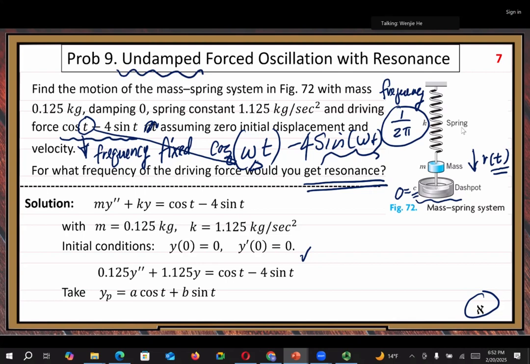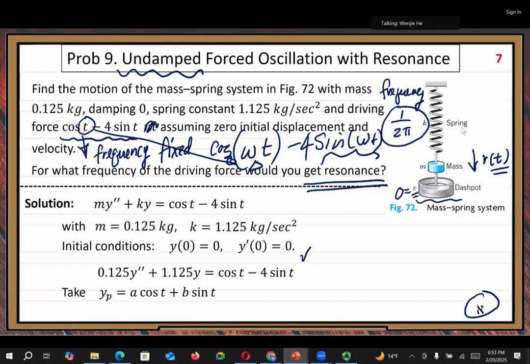Because we want to study the resonance problem, we want to find that special point that shows us resonance. So that's in part E, we will see it.